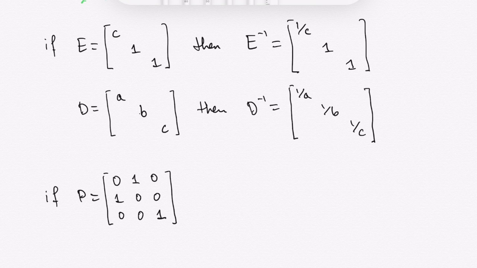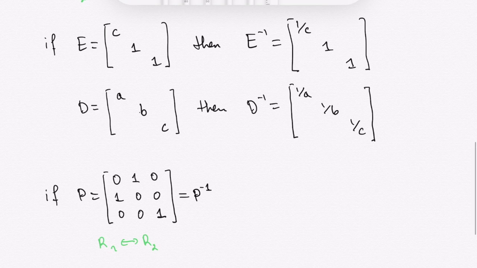So what is the operation described by P? Well, that's simply R1 and R2 changing places. Well, how do you go back from such an exchange? Well, just repeat it, right? So we see here that in fact, P is also P inverse. If we apply P twice, then we go back to our original matrix A.